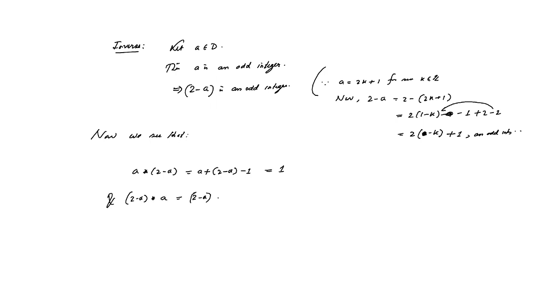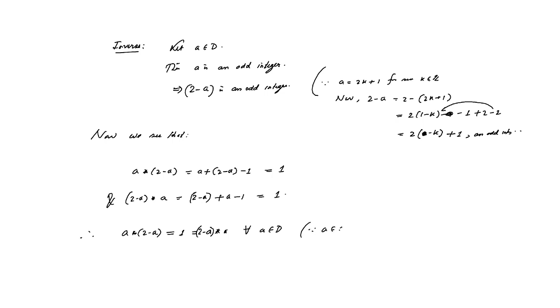That will be 2 minus a plus a minus 1. Again it will be 1. So what is happening here? a star (2 minus a) equals 1, and that equals (2 minus a) star a, and that holds for all a belongs to D.